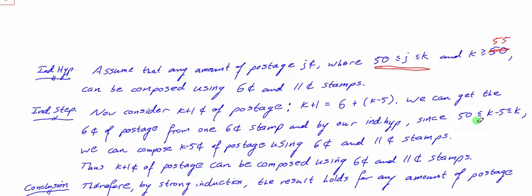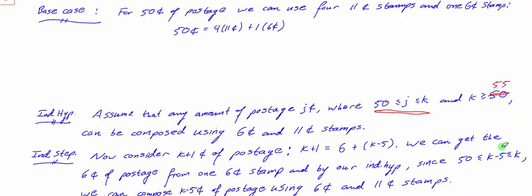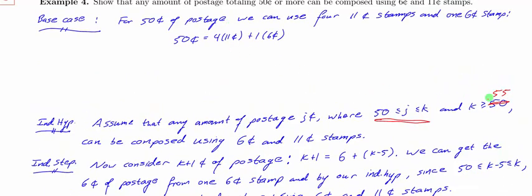And so that means that back here in our base case, our induction hypothesis is going to kick in basically when we're looking at our induction step, I guess, will cover amounts of postage that are 56 cents. If my smallest k value is 55, then the induction step starts when we're looking at 56 cents worth of postage.